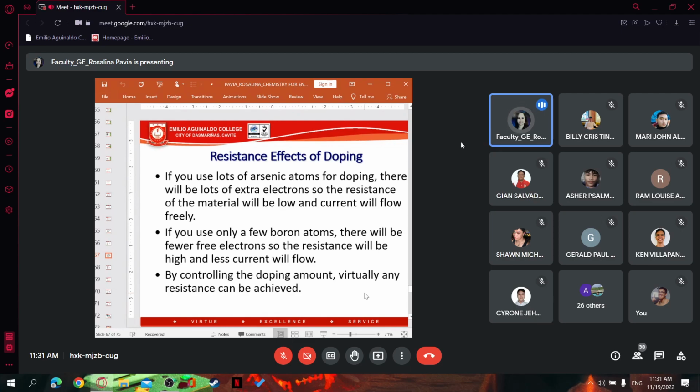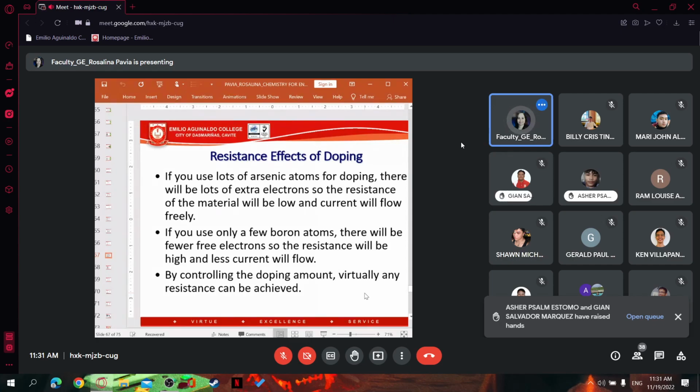We have a circuit diagram here of how the connections of electric current are connected. What are considered to be your resistors or your resistance that controls the flow of current? They are our doping.